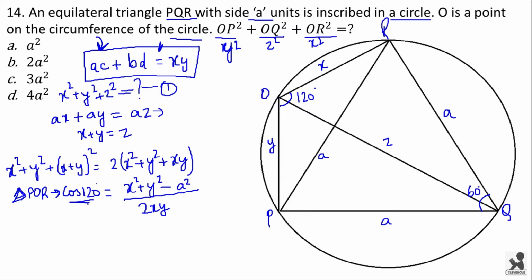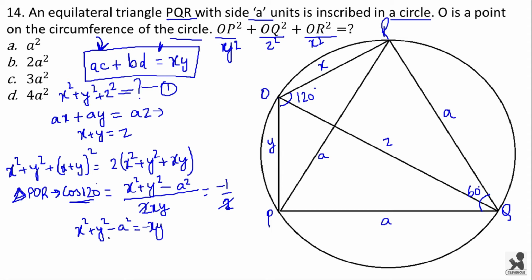The value of cos 120 degrees is equal to minus 1 by 2, because cos 120 is nothing but minus sine 30 degrees. Now 2 and 2 get cancelled, and we are left with x square plus y square minus a square is equal to minus xy.